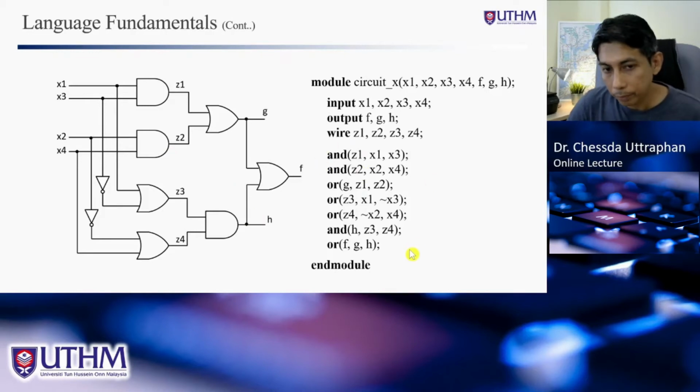What if you don't have the circuit? Normally when we want to design a complex circuit, we don't have the circuit, we only have the behavior or specification of the circuit.